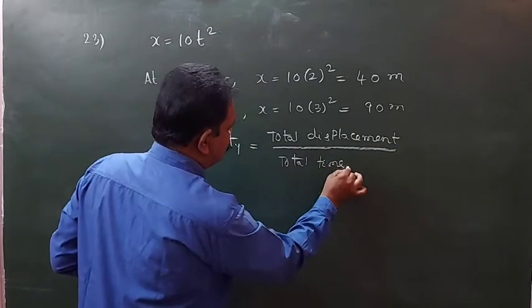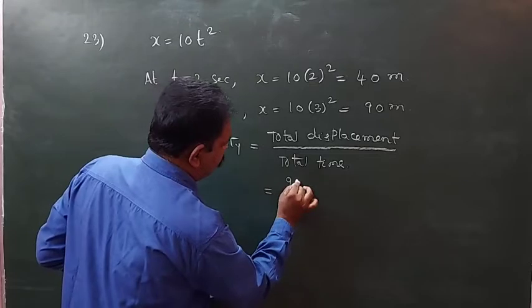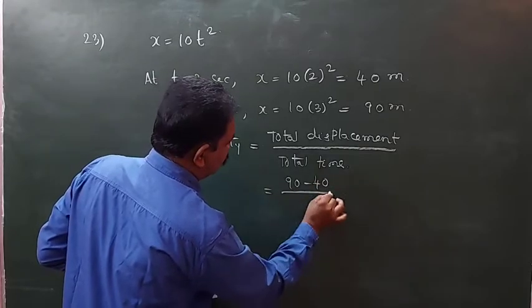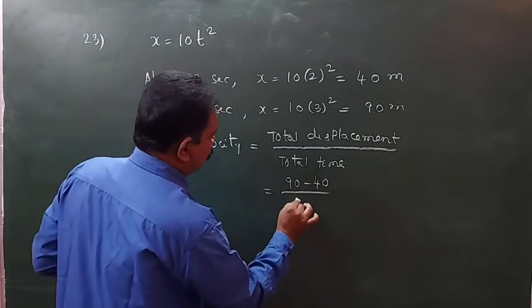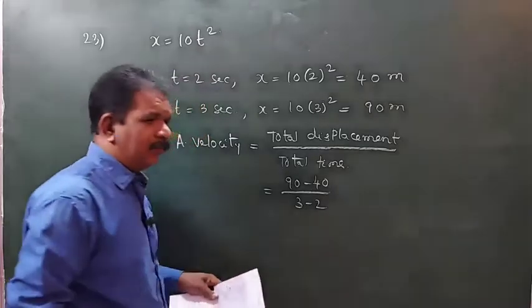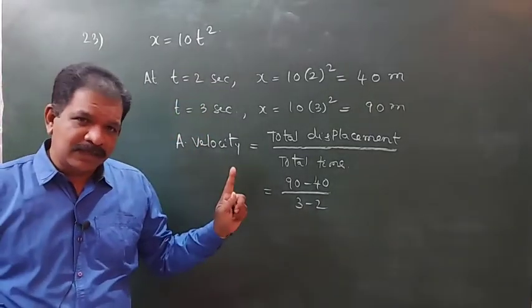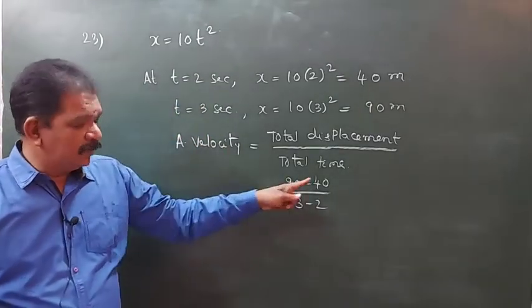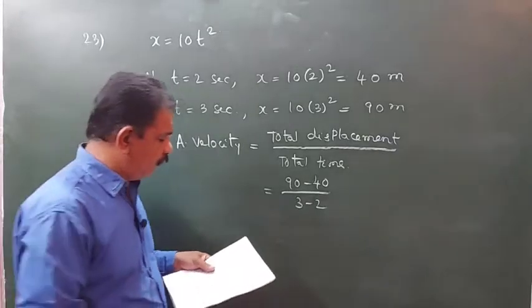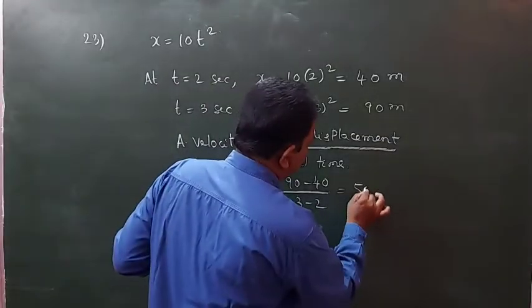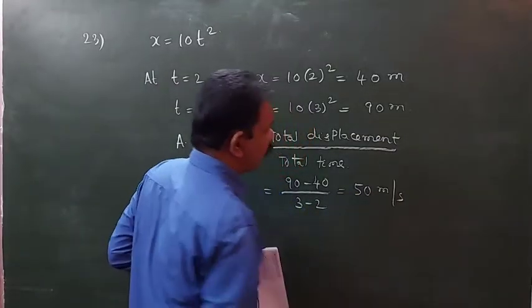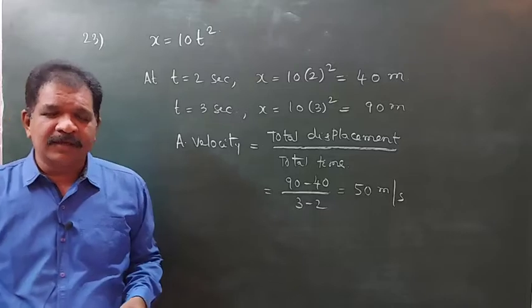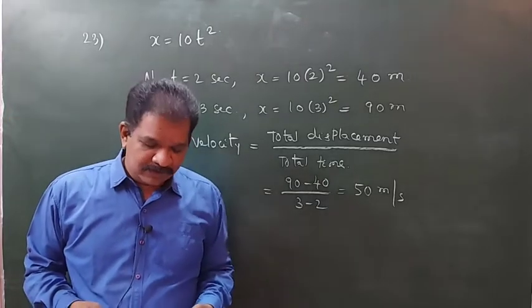Here total displacement value will be 90 minus 40 by total time value will be 3 minus 2, means 1 second only. So 90 minus 40 will be 50. So answer will be 50 meter per second. That is the average velocity.